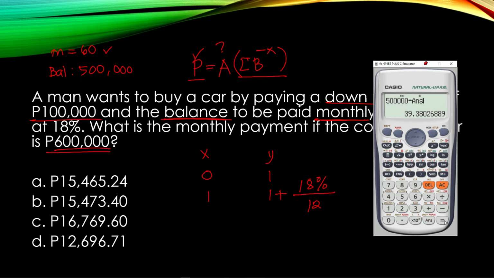Okay, then we have press equal sign and we have 12,696. Yun yung A natin, 0.71. The correct answer probably is letter D. Okay, so wala nang dapat i-memorize. Ito lang dapat. Ito lang. Yung concept lang.